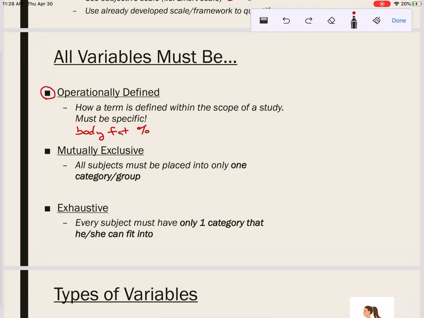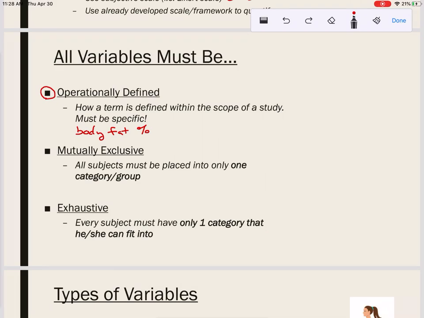What technique am I using to measure it? How is that measurement being performed? What is the scale that I'm using? So you must define it. You must define how you're measuring it, specifically. If there's different ways to measure it, like is the case with body fat, you must talk about how you're measuring it.